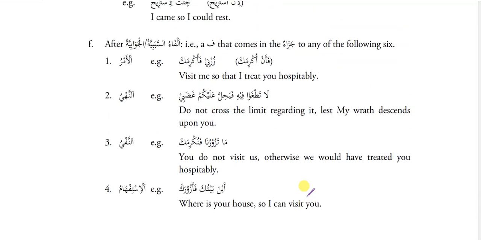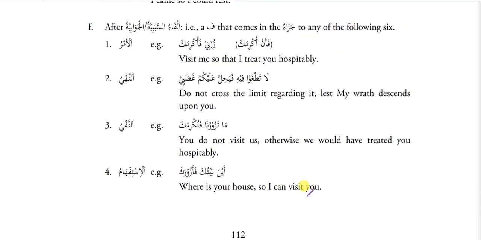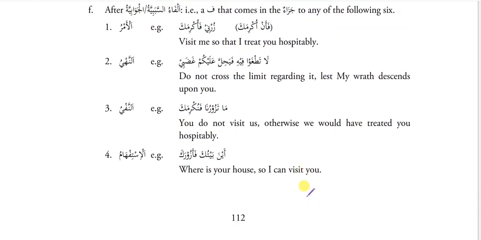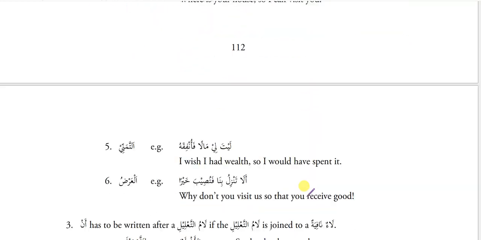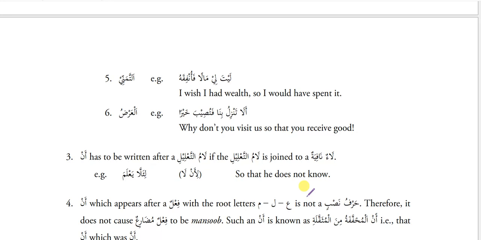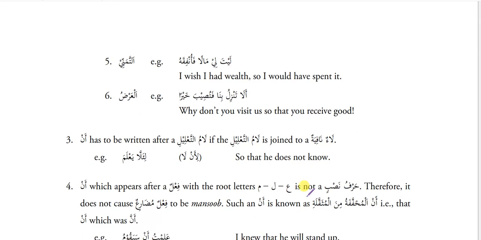So the fa is used with all these, there are total 6 locations: either after fi'l amr, or after fi'l nahi, or after fi'l manfi, or after istifham, or after tamanni, like laita or la'alla, and after al-arz. Al-arz means there is a special word which is used for requesting someone, like ala tanzilu bina, why don't you visit us.